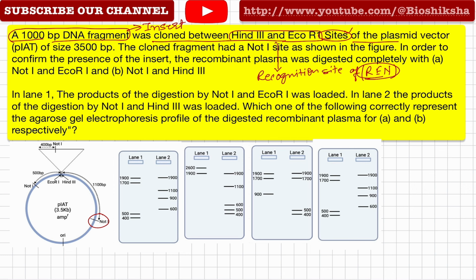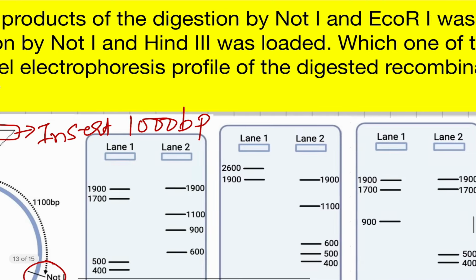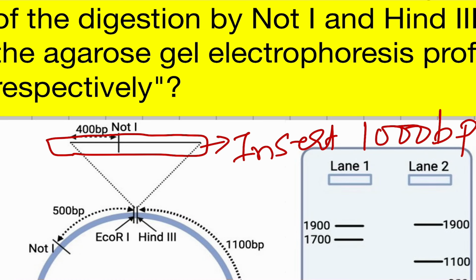Further it says the plasmid vector pI80 is of size 3500 base pair, which they have written as 3.5 kb. Kb means kilobase. The cloned fragment has one NotI site as shown in the figure. You can see this is the cloned DNA, or we can say the insert, which is 1000 base pair, and in it the recognition site for NotI is placed somewhere here.